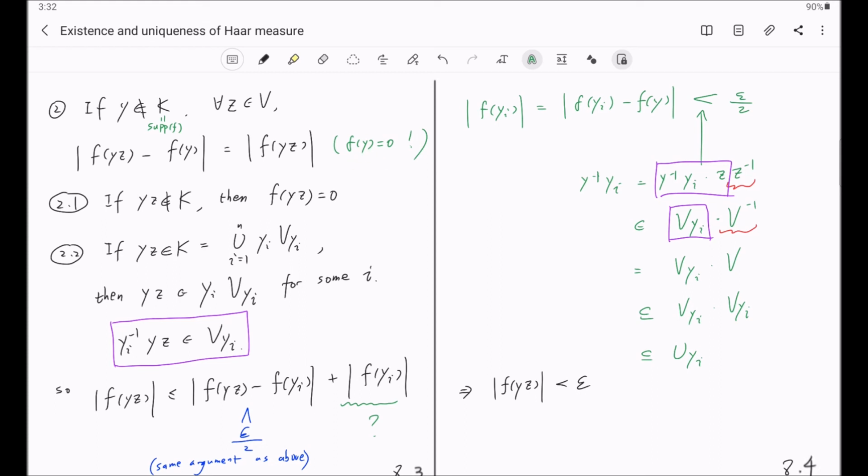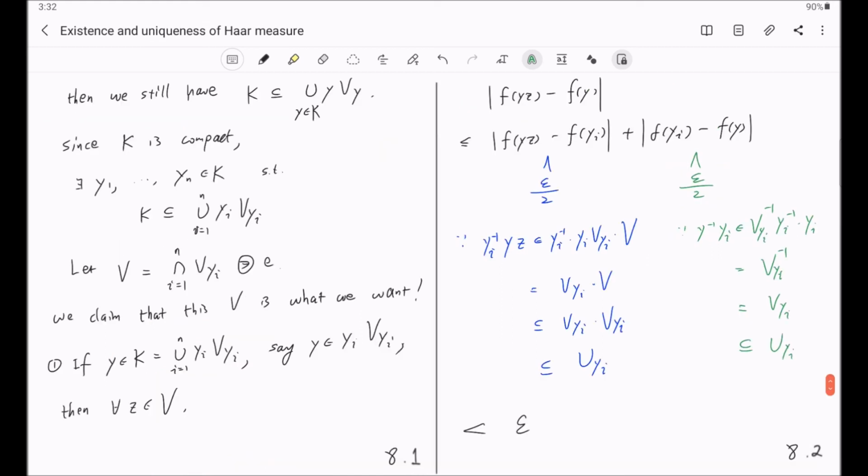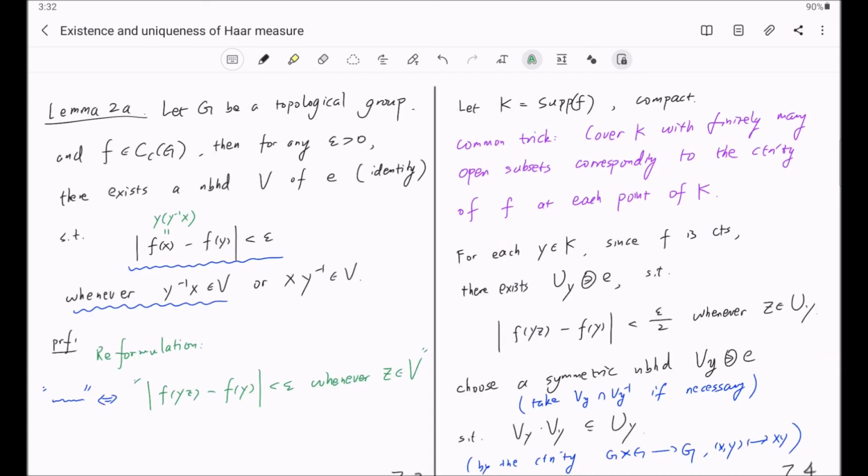So we are done with this second case in this lemma, which combined with our first case finishes the proof of this green part, which is equivalent to this underlined blue part. And as I remarked at the beginning, for this case the proof is very similar, so we omit that. Anyway, we proved this whole lemma.